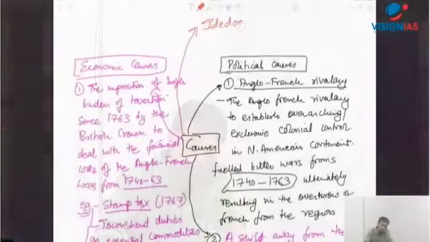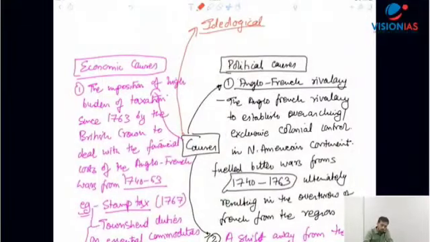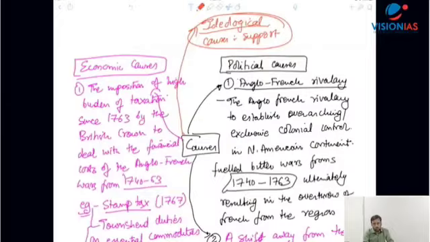See, all the Enlightenment thinkers that we've talked about, you can always write that also as ideological causes or support that came to the American Revolution from the ideas of Locke and other European philosophers.